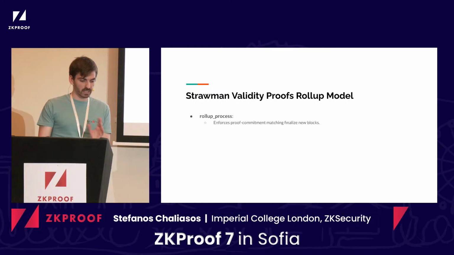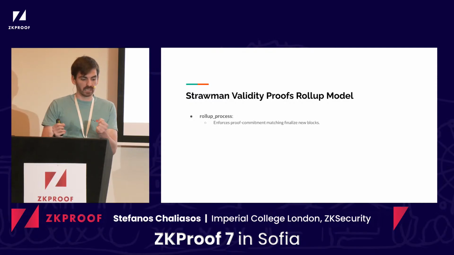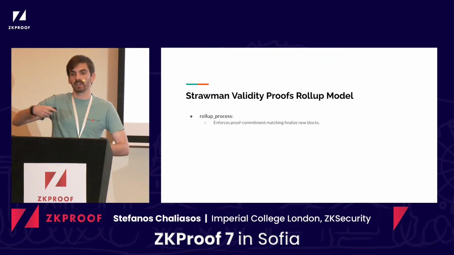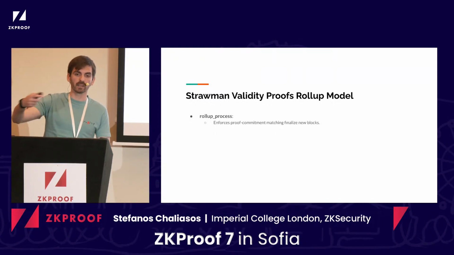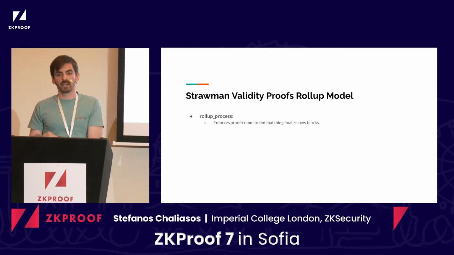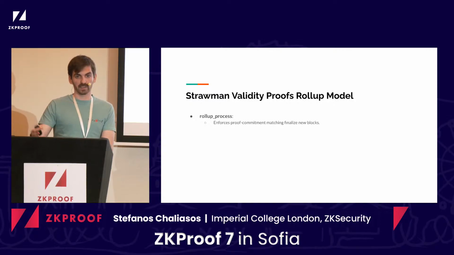So we start with a very naive rollup model, which is actually kind of what most rollups are at the moment in production. The only thing that rollup does is it has a process function that enforces proof and commitment matching, verifies ZKPs in the L1, and progresses the state of the L2 in the L1.